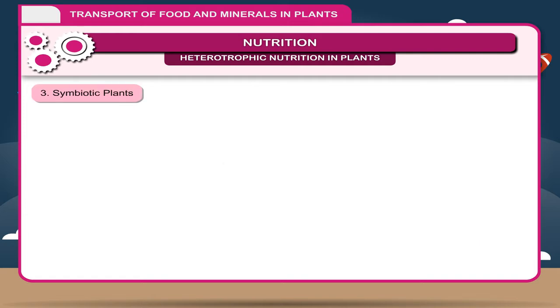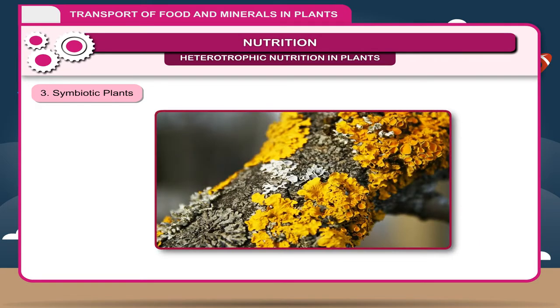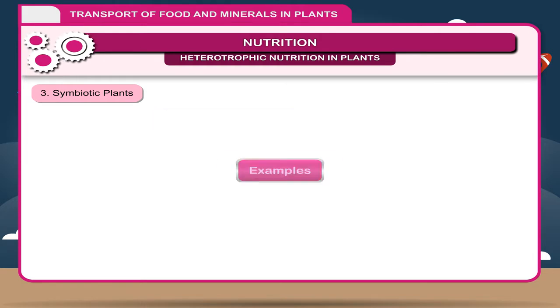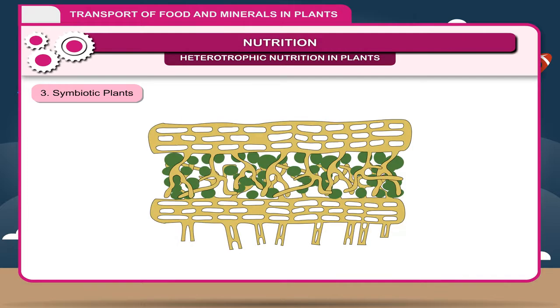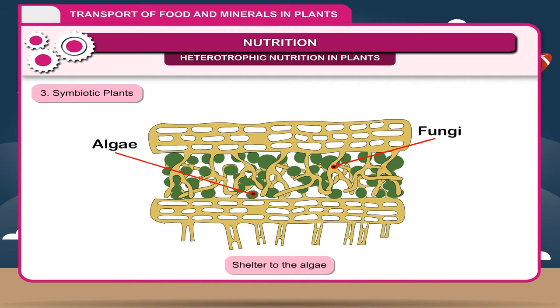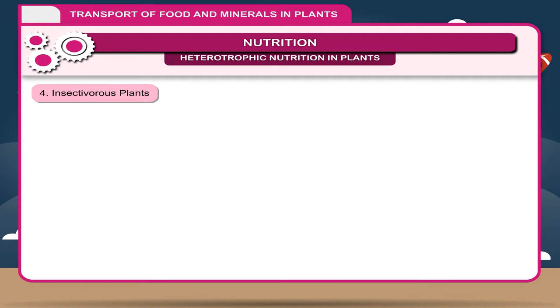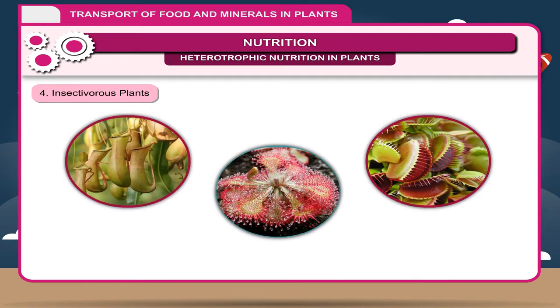3. Symbiotic plants. The plants which live on other organisms and are mutually benefited from one another. Example: lichen. The body of lichen consists of algae and fungi, where an alga contains chlorophyll and prepares food, whereas the fungal part gives shelter to the algae. 4. Insectivorous plants. The insect-eating plants are called insectivorous plants.